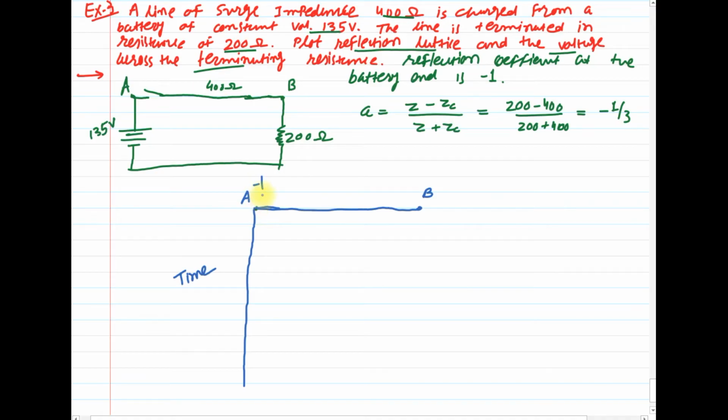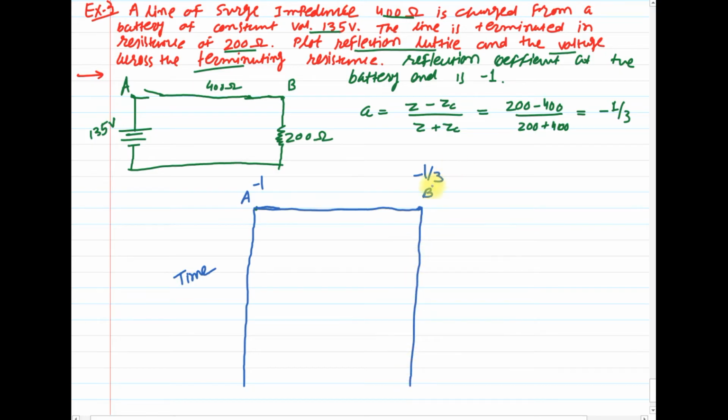Just write that down. And at the end of the transmission line, that means at the B end, the reflection coefficient is -1/3. Clear?